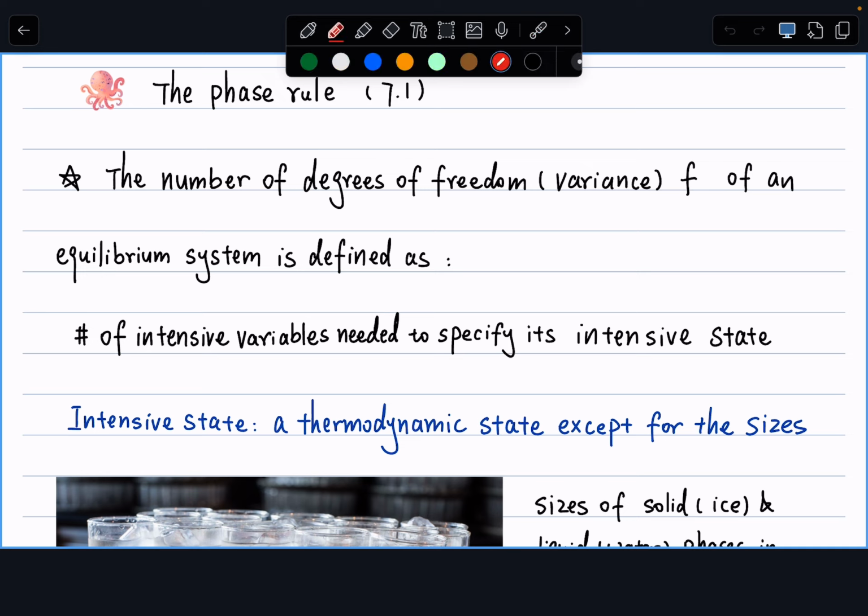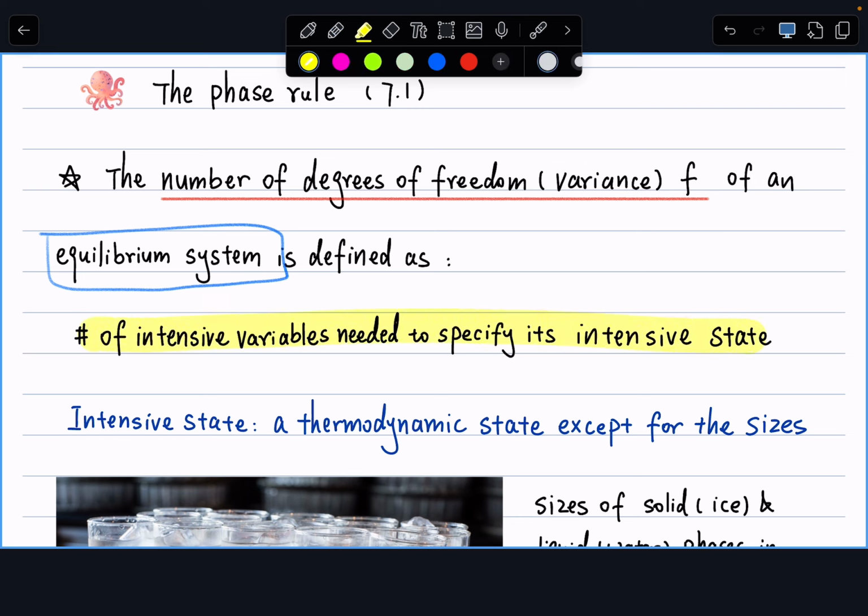In here, we're saying that the number of degrees of freedom of an equilibrium system, by definition, we're always talking about an equilibrium system. If the system is not at equilibrium, we don't use the term degrees of freedom. So if there's a chemical reaction taking place, we only talk about the degrees of freedom if that reaction has already reached reaction equilibrium. And the degrees of freedom is defined as the number of intensive variables needed to specify its intensive state.